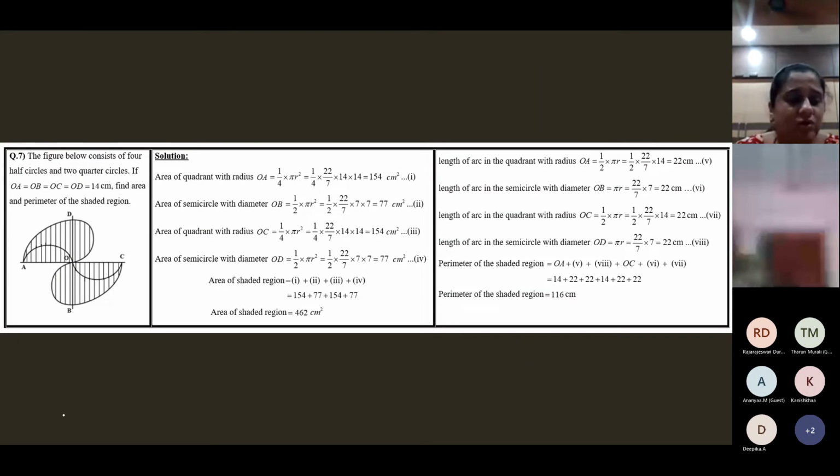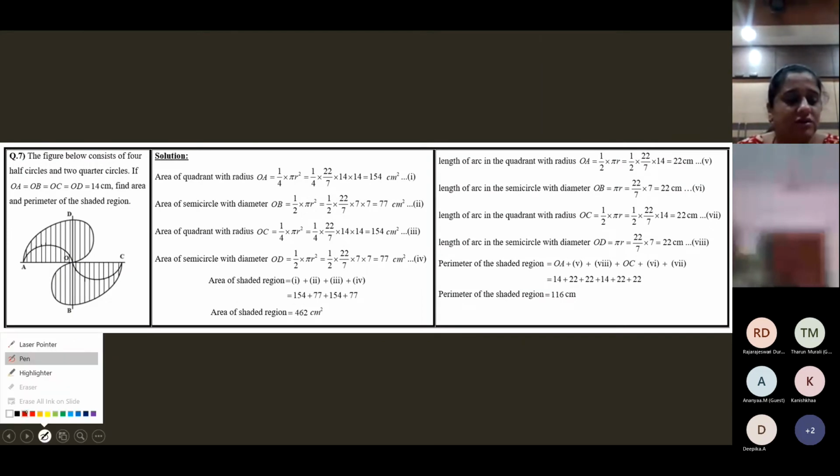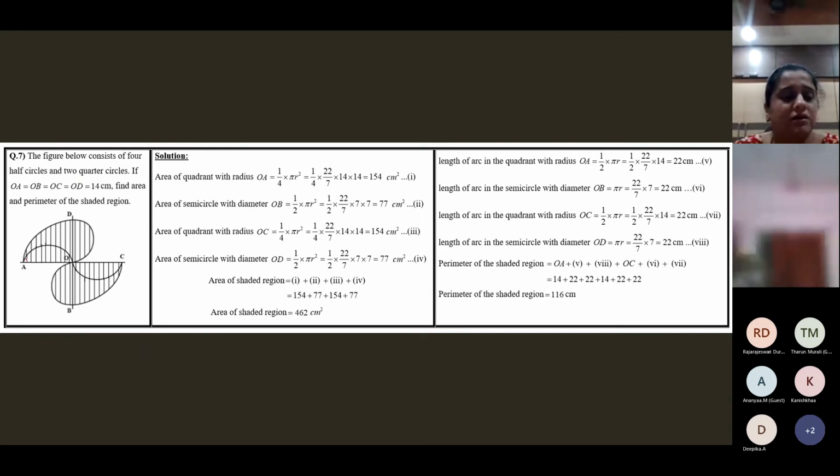Okay. So now it's given it's 14, children. OA is 14. This is 14. This is also 14. Now tell me for this quadrant, what are OA and OD?